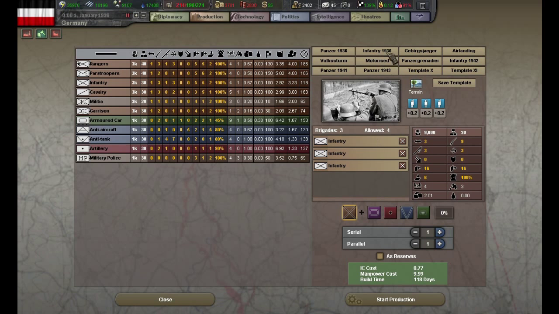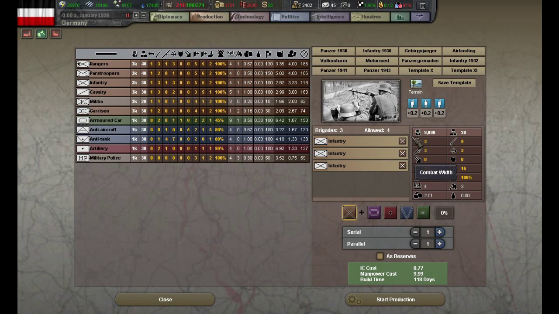Alright, so we go infantry, 1936, and right away what it offers us is a 3-brigade infantry regiment with these stats. We will go deeper into the depth of the statistics later on, but really what you need to be worried about is bigger numbers, smaller combat width, right?